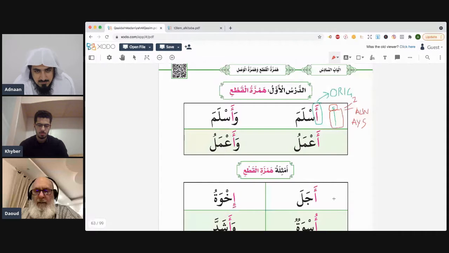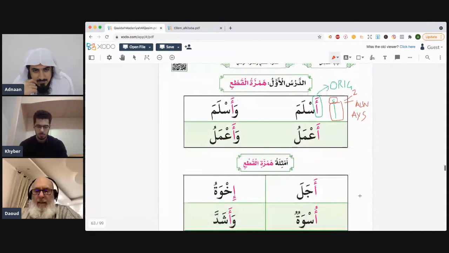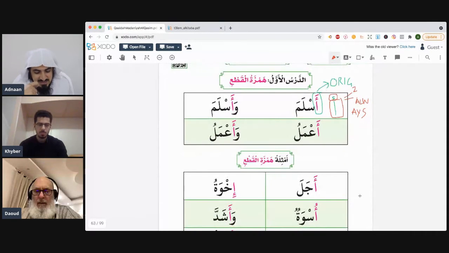Hamzatul Qata'. Qata' is to cut, with an ayn at the end, not a ra. Qata', qata'. Always pronounced. That's the correlation, the relation between the alif and the hamza.